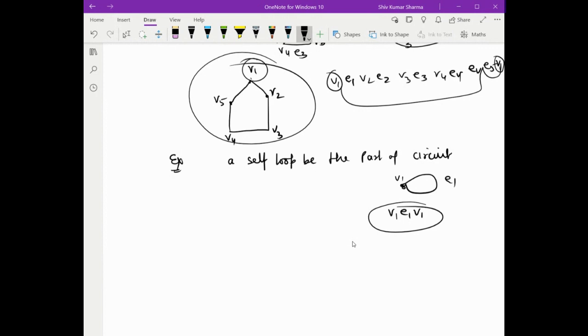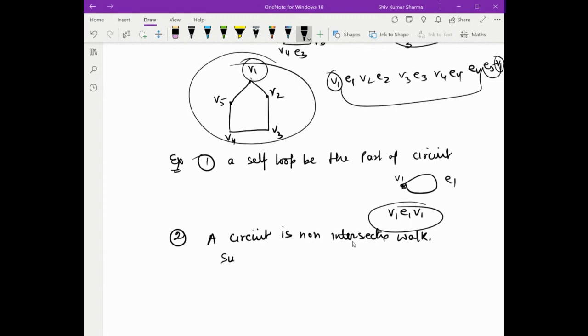But in another form, we write the second definition. A circuit is a non-intersecting walk. That means the edges do not intersect each other.